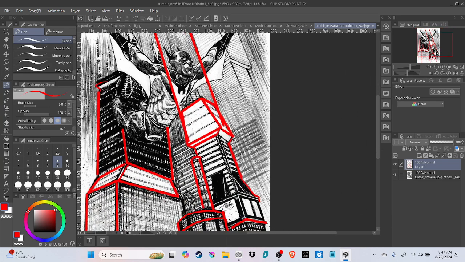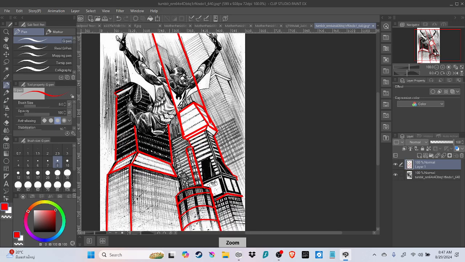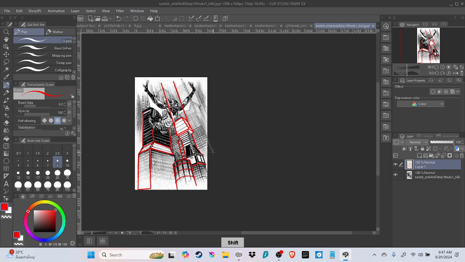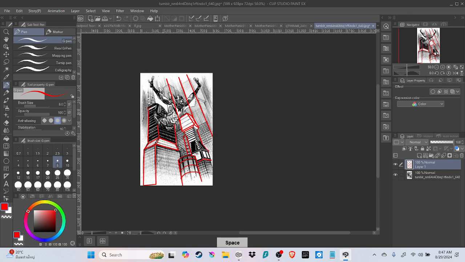This draws an element of visual interest. The diagonal aspect of these lines I'm drawing adds visual interest. If all of these lines were perfectly straight, then it wouldn't be that interesting.